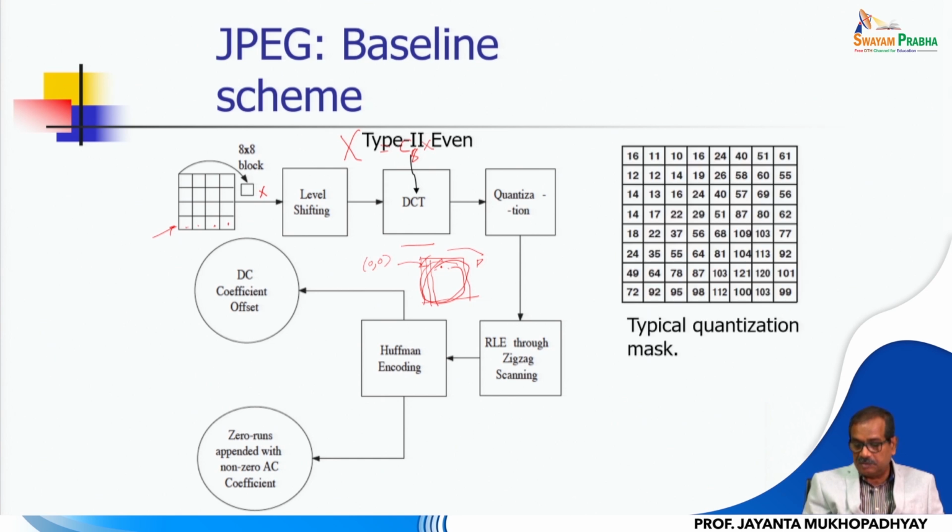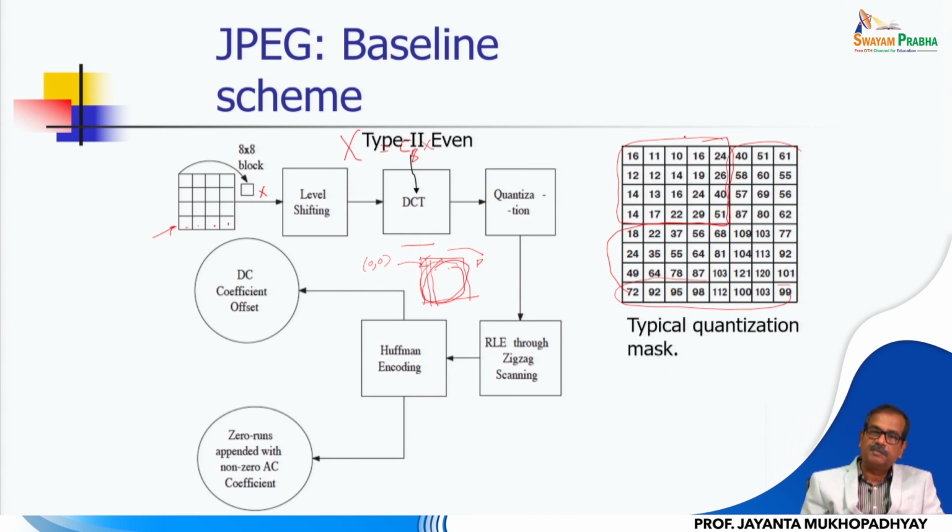DCT is type 2 here. This is the quantization mask, and you can see that these values are very high in the high frequency zone, whereas the low frequency components are different.